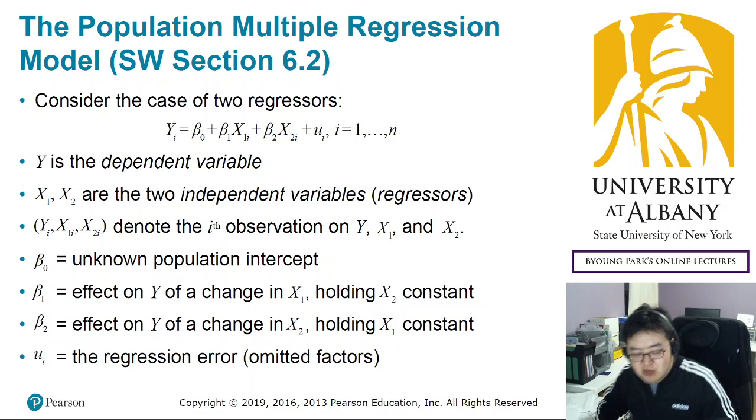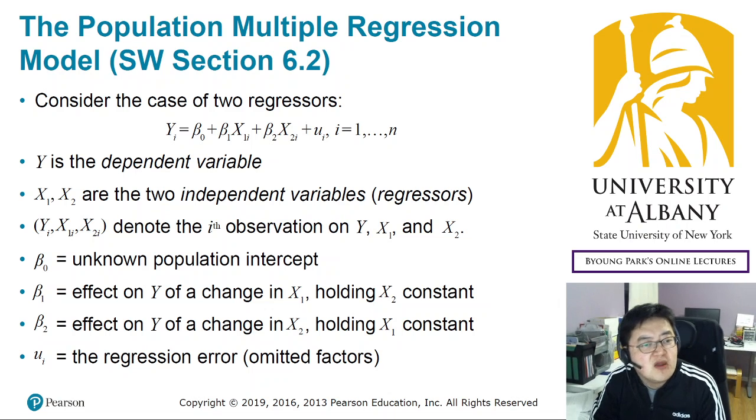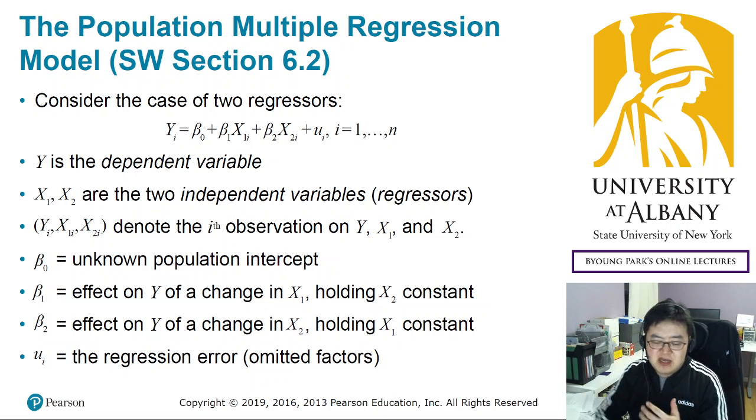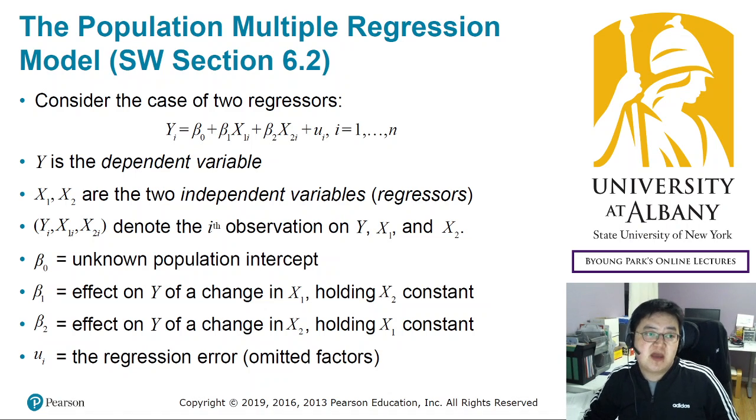So the solution, in conclusion, is to include that variable. To include that variable, you make a regression model with two regressors. Using the same idea, you may extend the number of regressors to any arbitrary number, but let's consider the two regressor case.